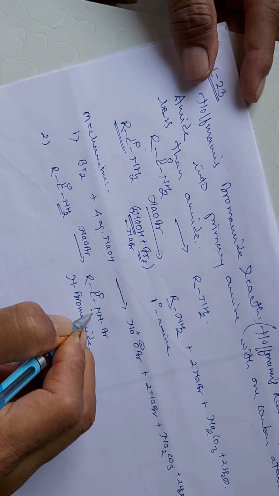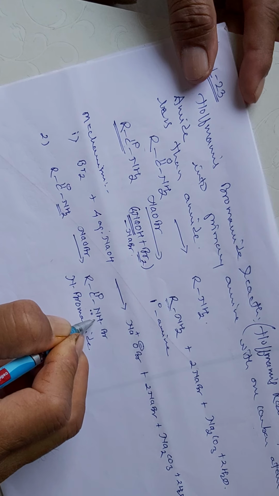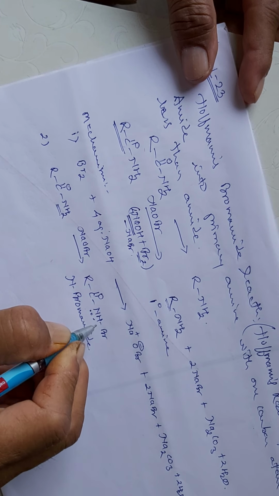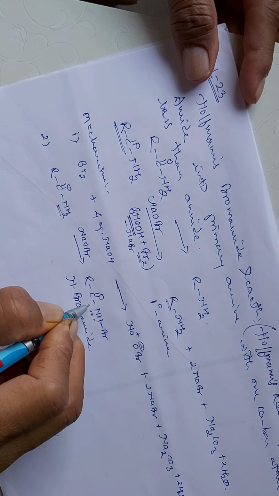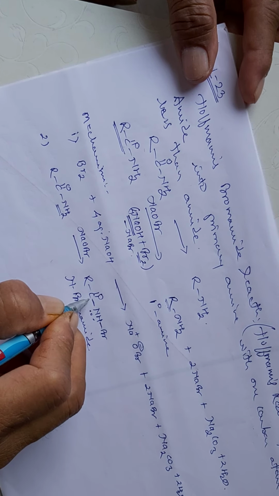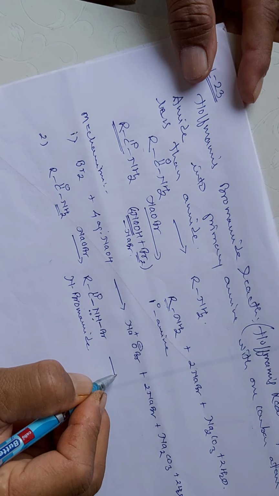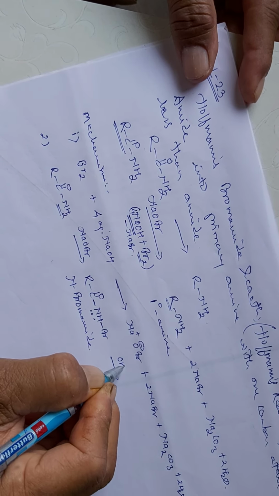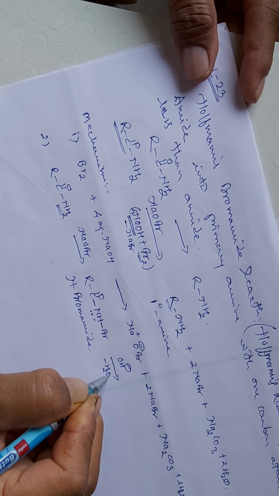Now once the N-bromoamide is obtained, it contains an acidic proton. This proton becomes acidic because the nitrogen is attached to the bromine, which is electronegative, and the carbonyl group, which is also electron withdrawing, so the proton on the nitrogen becomes more acidic, and that's why it reacts with the base, that is OH minus, and liberates a water molecule.